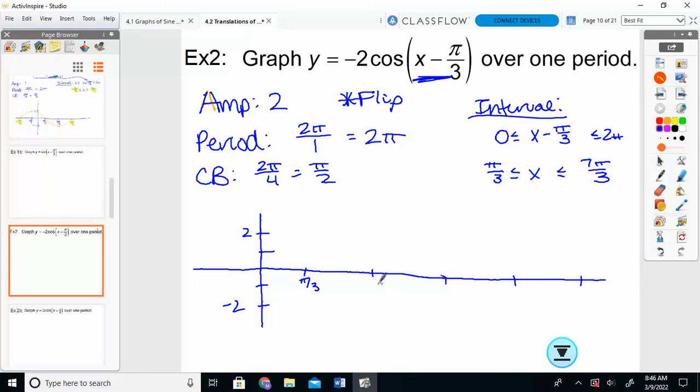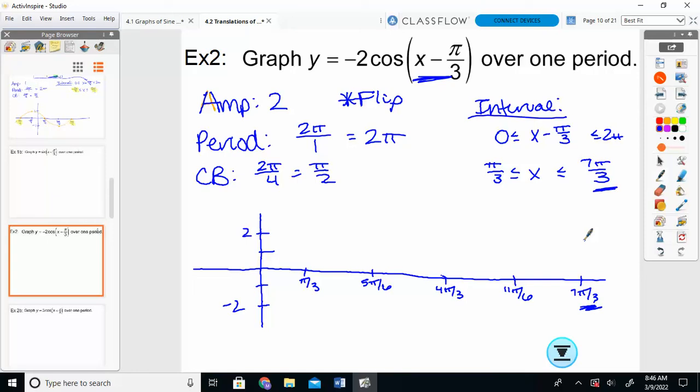So pi over 3 plus pi over 2. So 1/3 plus 1/2 is 5 pi over 6. Plus 1/2 would be 4 pi over 3. Plus 1/2 is 11 pi over 6. Plus 1/2 is 7 pi over 3.